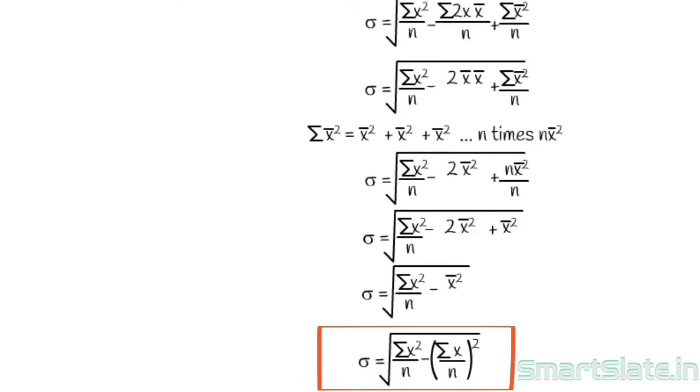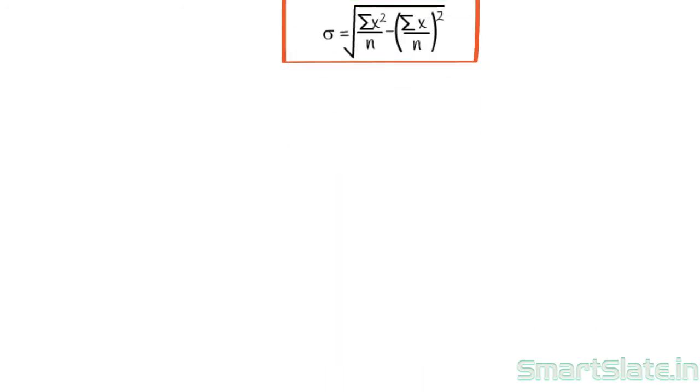This is the formula we use in the direct method to calculate standard deviation. Notice we need the sum of squares of scores, the sum of scores, and the number of elements in the data. Let's find standard deviation using this method.